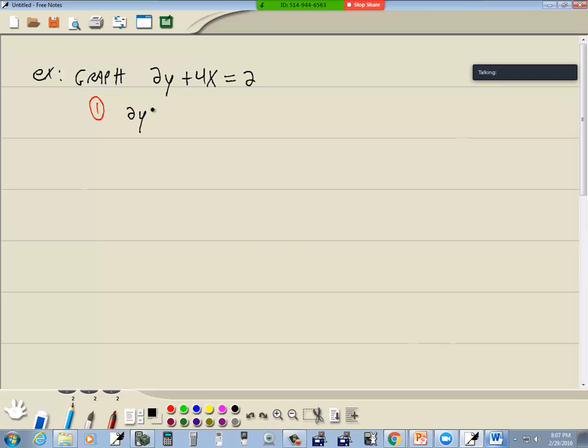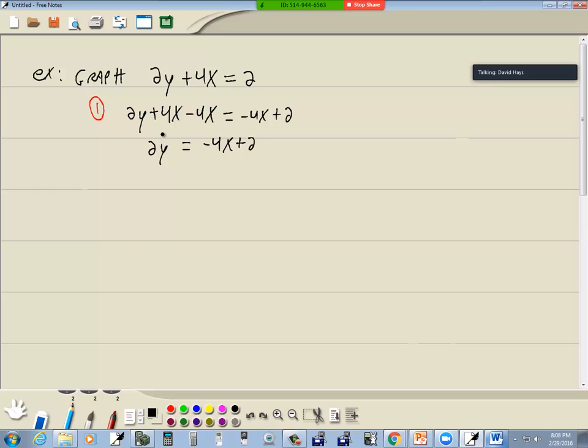So I got 2y plus 4x minus 4x is equal to negative 4x plus 2. So we're subtracting 4x from both sides. 4x minus 4x cancels, and that gives us negative 4x plus 2.